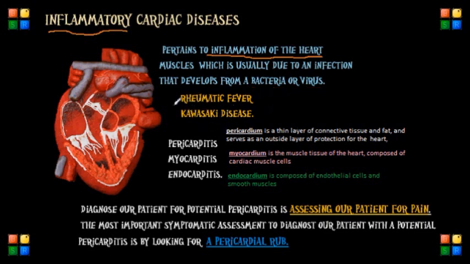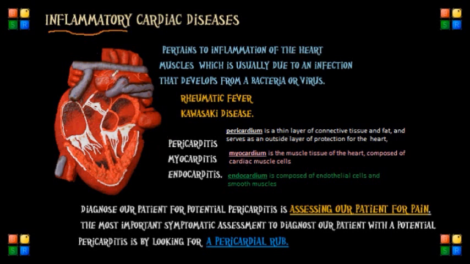Now, the three inflammatory conditions that you might mostly encounter in your NCLEX exam can be classified as either pericarditis, myocarditis, or endocarditis. First, let's go back to our anatomy because this can help us understand these conditions in a simpler way.